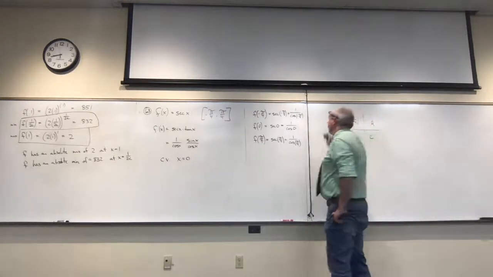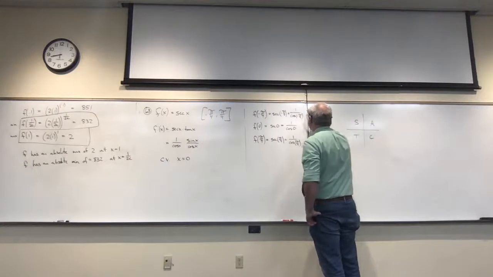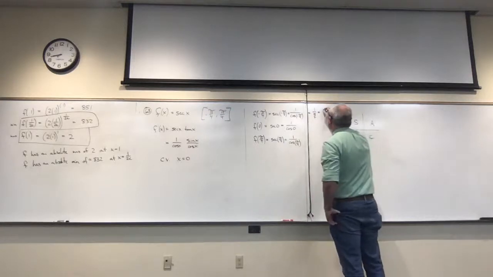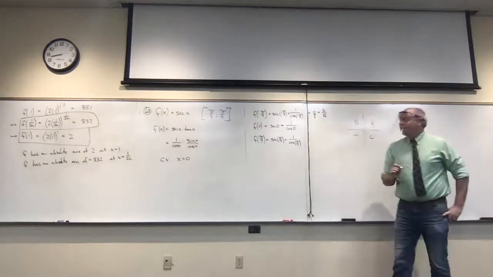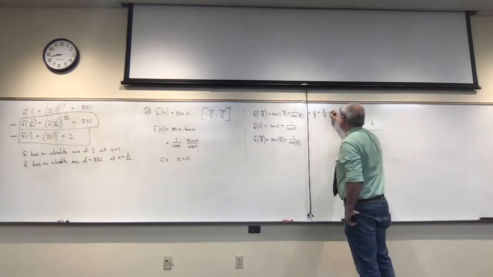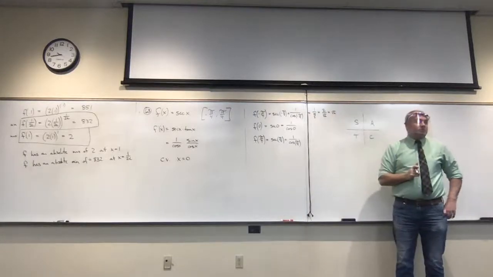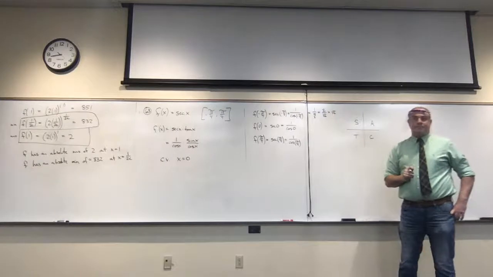Yeah, square root 2 over 2. So this is 1 over square root of 2 over 2, or if you prefer, that would be 2 over square root of 2. But that's also known as the square root of 2. Correct?